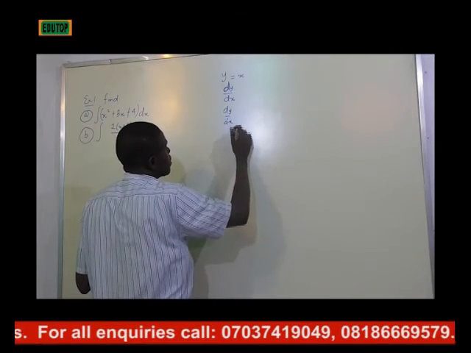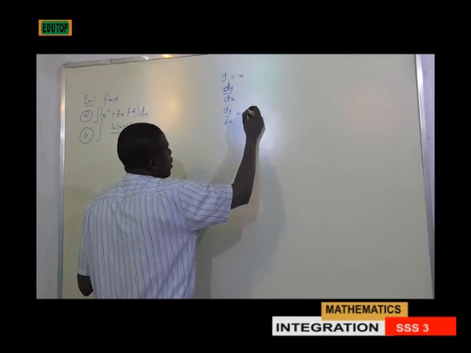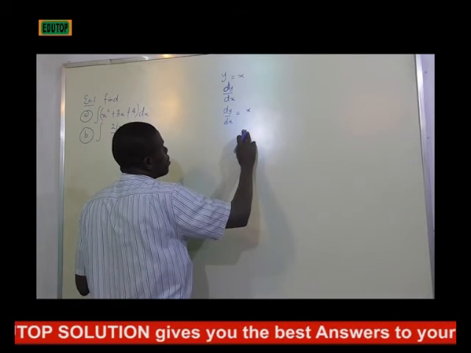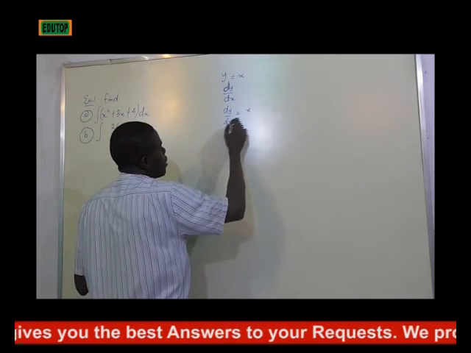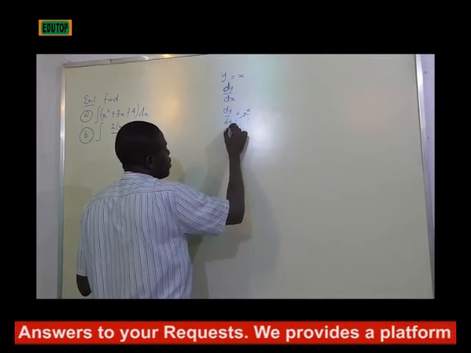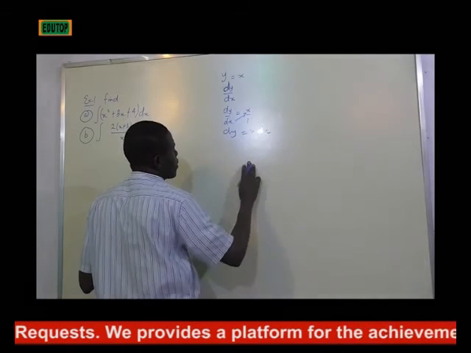Now, if dy/dx is equal to x, for example, then we can say it is x over 1, and we cross multiply, so we have dy equals x dx. Then we integrate both sides.